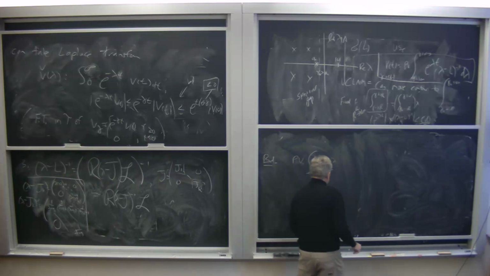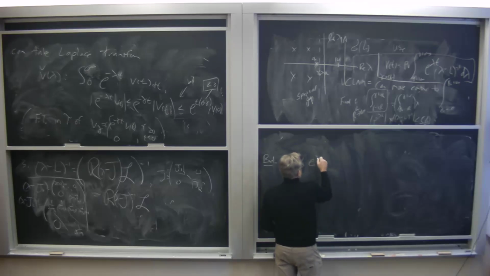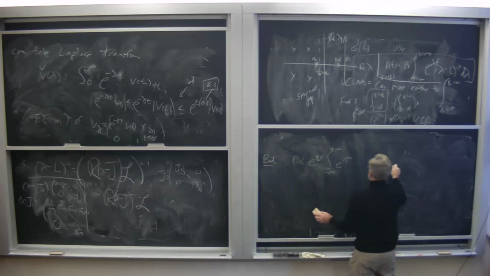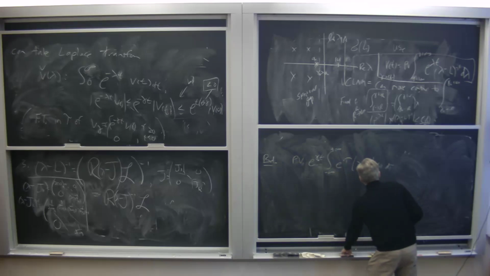Actually, now I might like to write e to the gamma t, gamma star t, integral e to the i tau d tau. It's the same. And lambda minus L inverse V of Z. And I can put the V of 0 out here if I like.